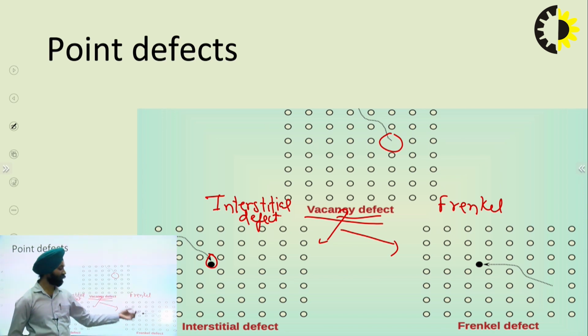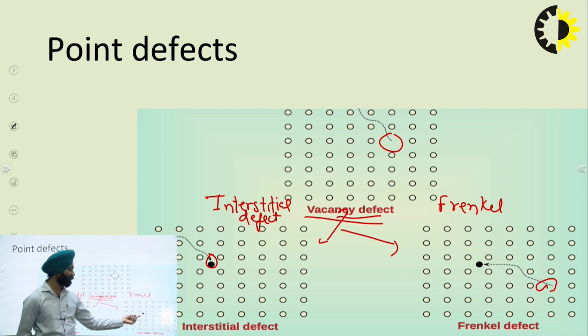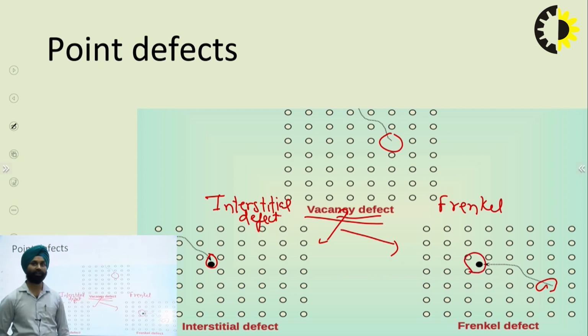So this has created the vacancy defect over here, as well as the interstitial defect over here. So both defects are there in the same lattice. So this defect is known as the Frenkel defect. So these are the three types of point defects.